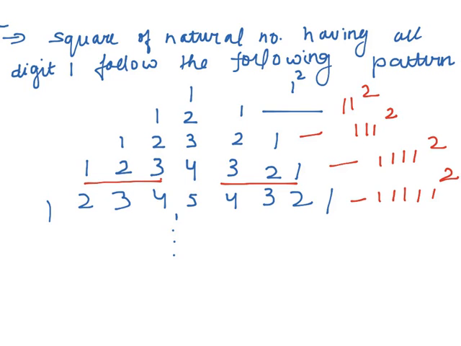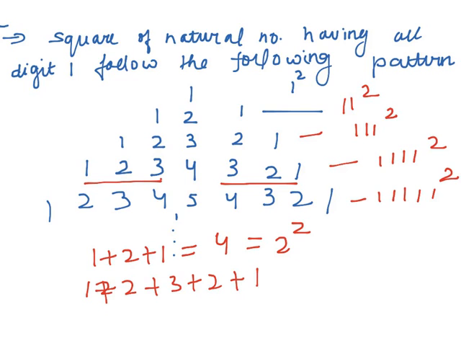It means we have 1, 2, 1 over here. If we add 1 plus 2 plus 1, then it will give us 4. That gives a perfect square. Again, if I add 1 plus 2 plus 3 plus 2 plus 1, what will it give me? 3, 4, 5, 6, 7, 8, 9.